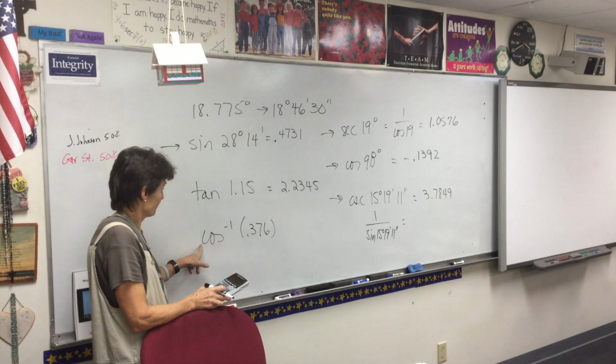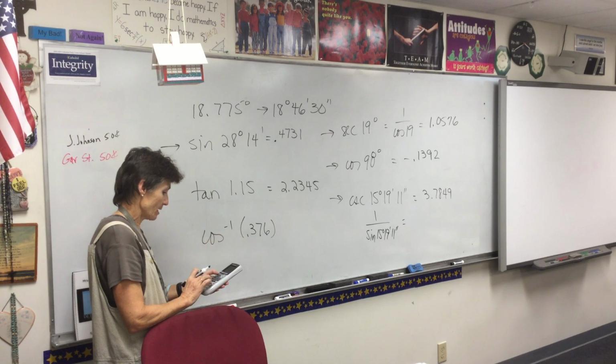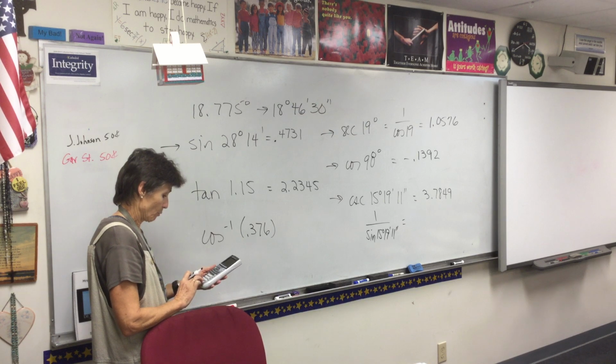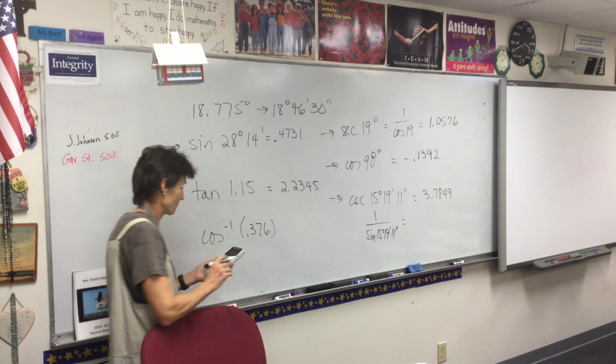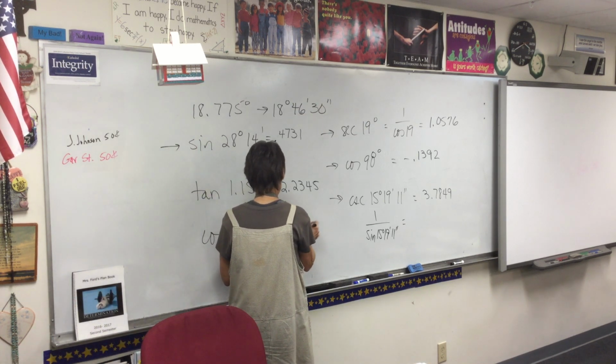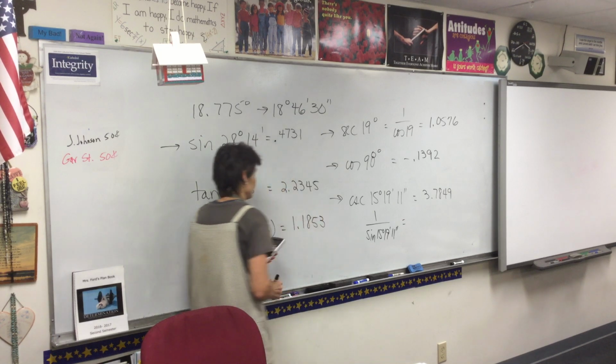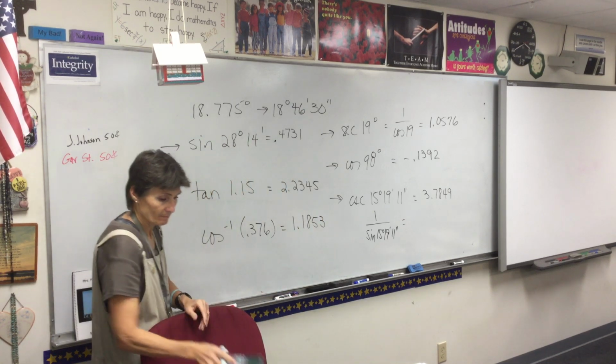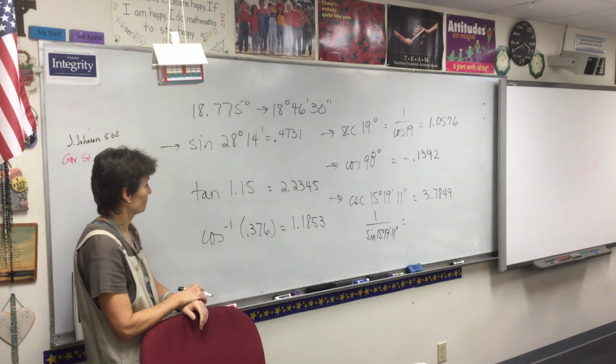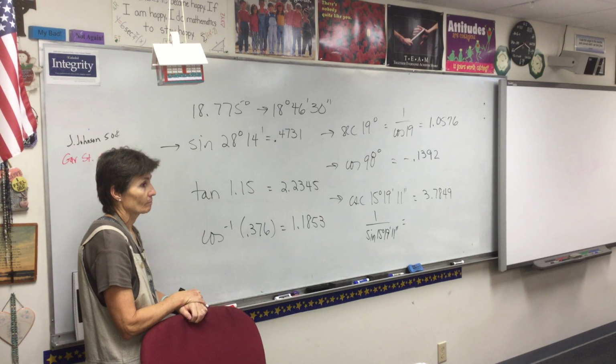And then second cosine 0.376, 1.1853. Okay, everybody got that?